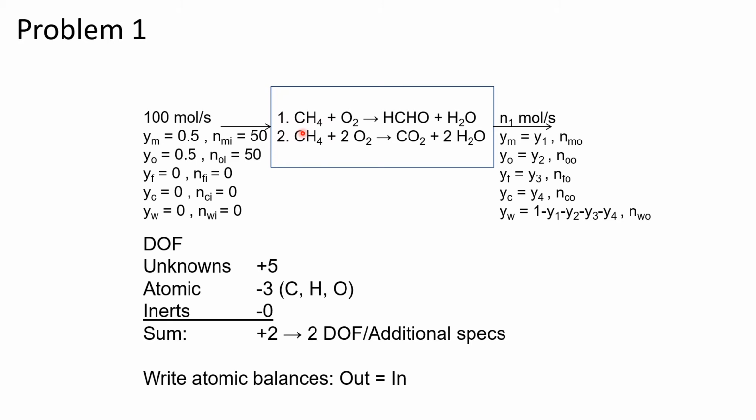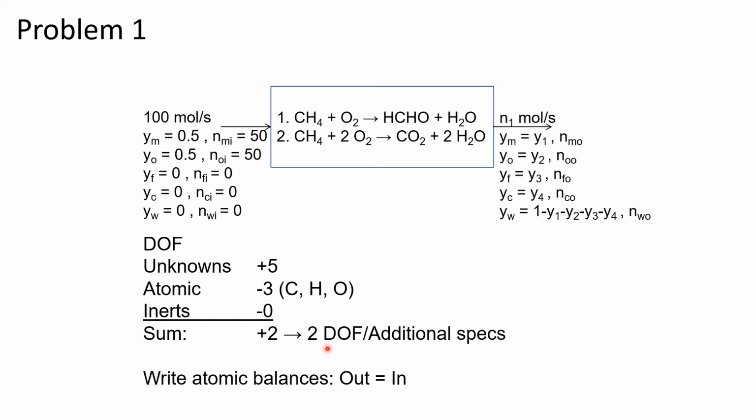If we count the species that are present in the molecules that participate in these reactions, we find that there are 3: carbon, hydrogen, and oxygen. Those are the only 3 atoms that participate. There are no inerts in the feed, so we'll put a 0 here for inerts. There are no other equations known right now, so we'll take the 5 unknowns, subtract off the 3 atoms that we have, subtract off 0 for the number of inerts, and we end up with a plus 2.